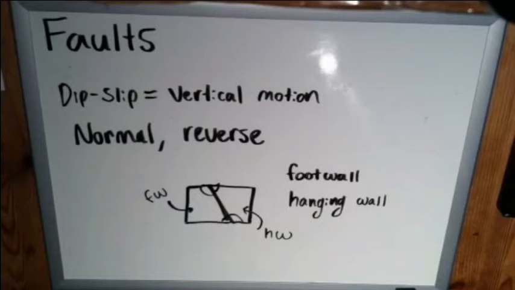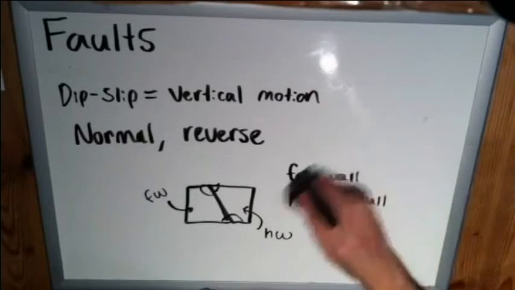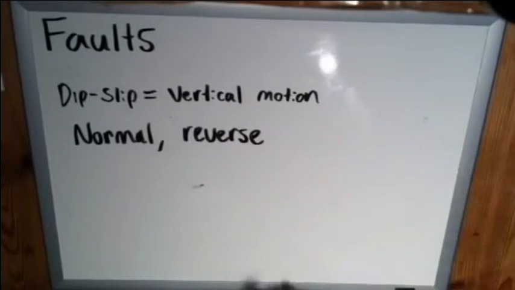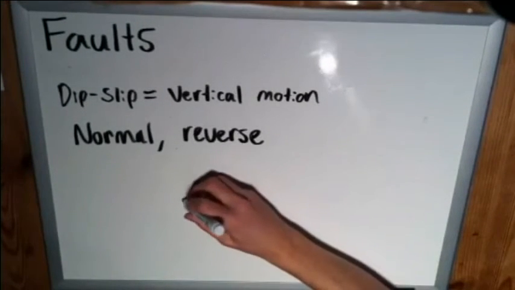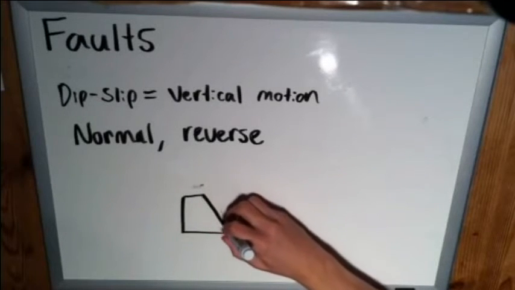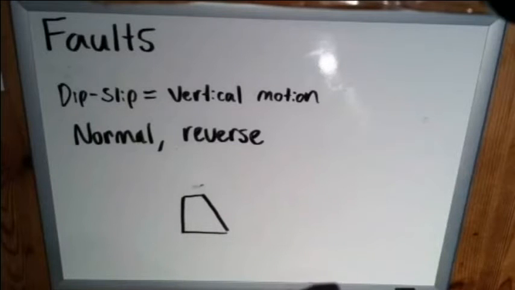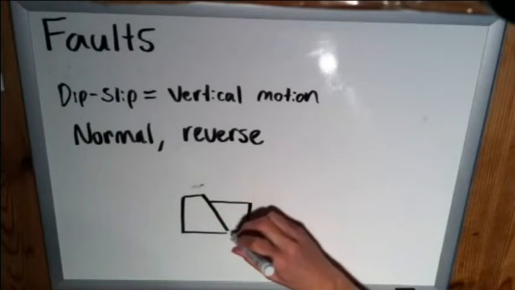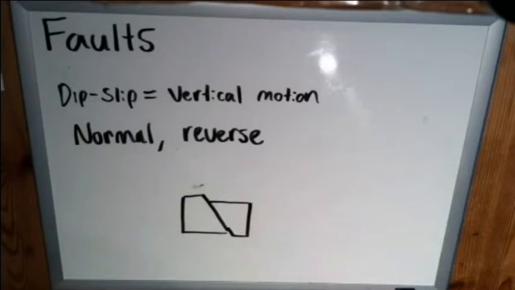But when we look at normal and reverse faults, right? I'll start with a normal one. This is a normal fault. There's the footwall. And relative to before, the footwall is higher up.